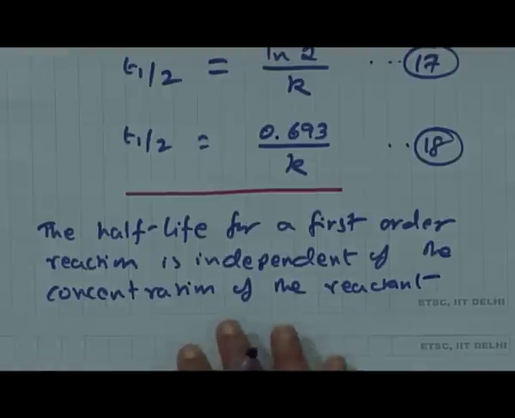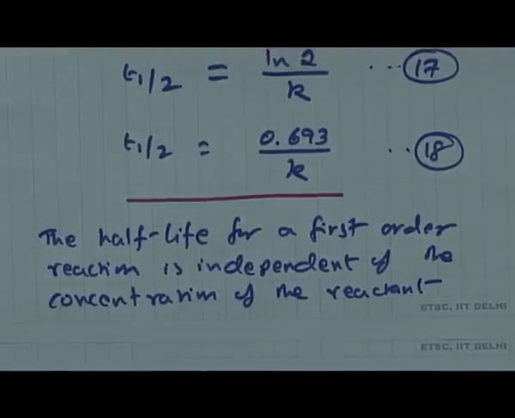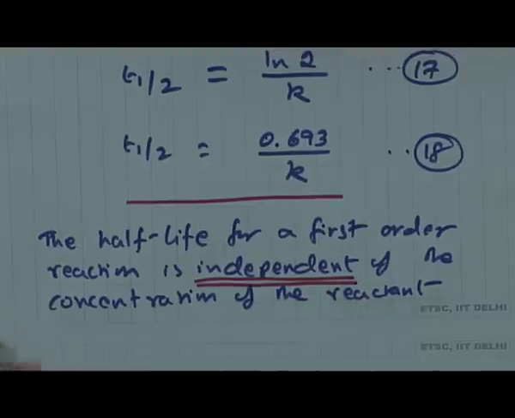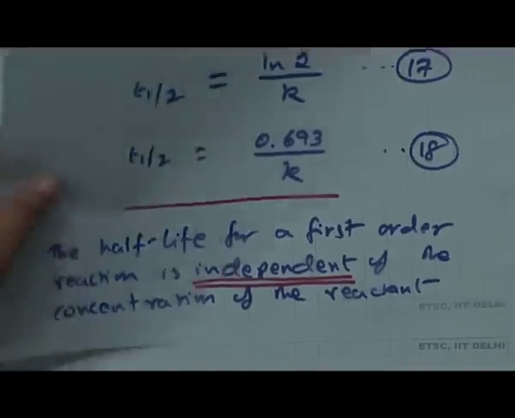Okay. So, again the half life for a first order reaction is independent, this is the key word, the half life for a first order reaction is independent of the concentration of the reactant, that is, this T half takes the same value no matter what the extent of reaction is.